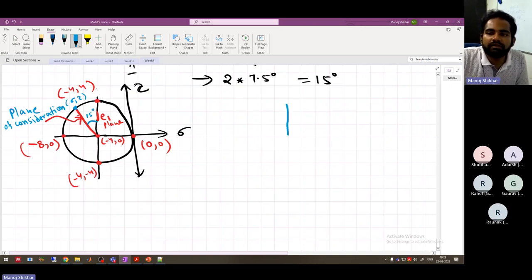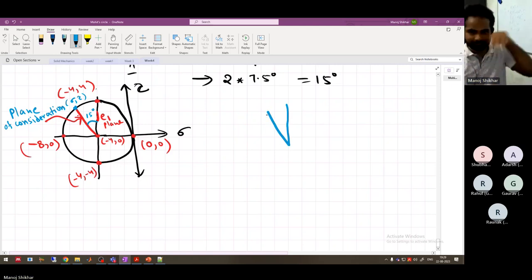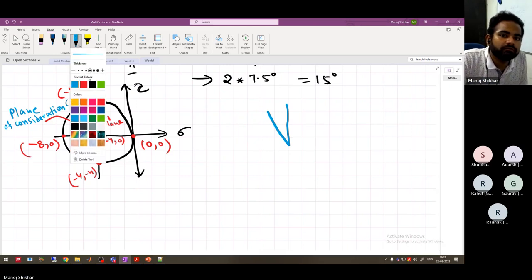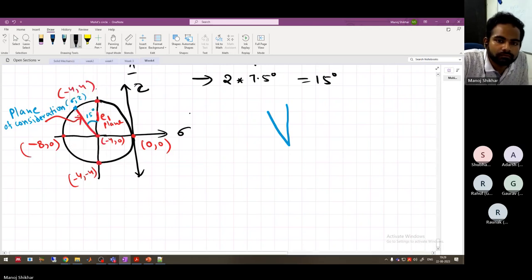So basically we have a triangle. If we look at it trigonometrically, this point is sigma comma 0, and this is 75 degrees.